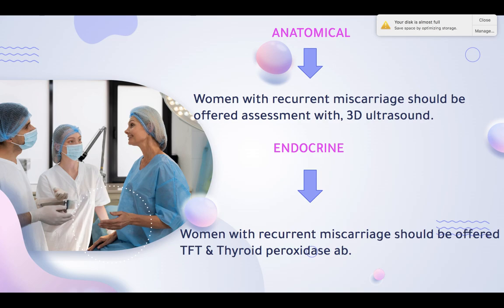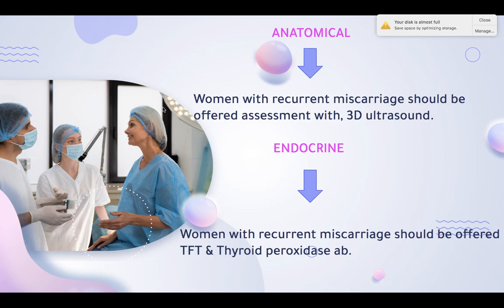Now the very important part of this guideline is coming, and that is the treatment part, right? The treatment part is very important in this guideline, and many EMQs will be made from this because this is a new thing. So definitely many EMQs can be made. Endocrine factors: women with recurrent miscarriage should be offered tests.